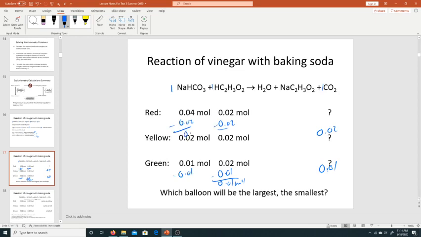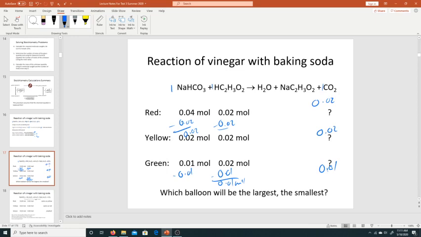You should have 0.02 moles of baking soda remaining. Now what about the CO2? If you use up all 0.02 moles of acid, I only use up 0.02 moles of baking soda, you should only make 0.02 moles of CO2.